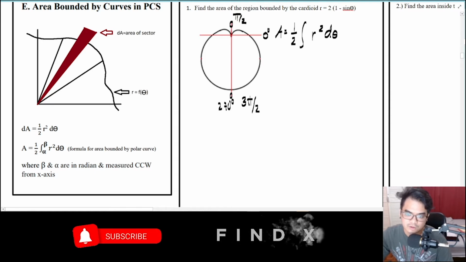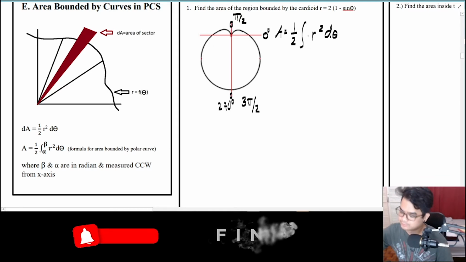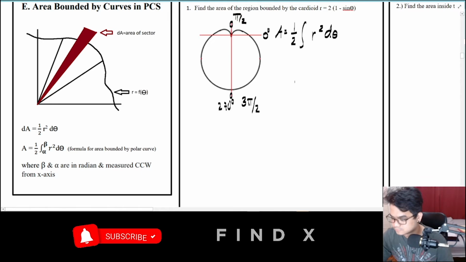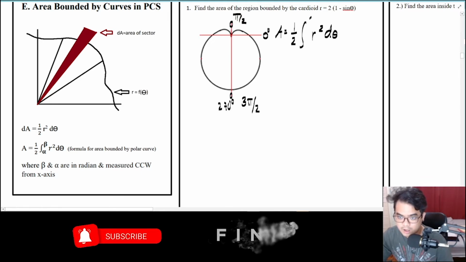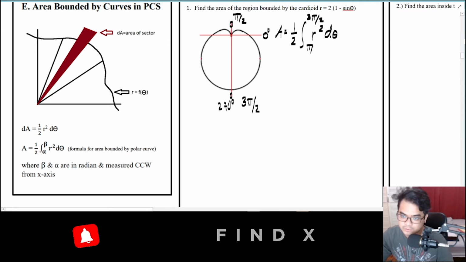Measuring counterclockwise, this will be the first one. Therefore, your limits are pi over 2 and 3 pi over 2.